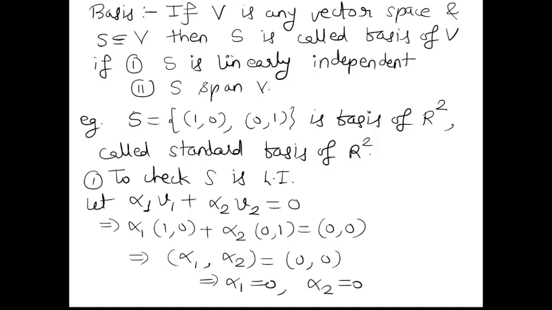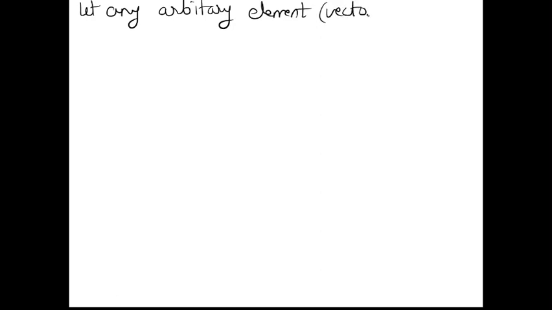S spans V means if you take any arbitrary element of R square, then that can be written as a linear combination of vectors in S. So let us take any arbitrary element, or we generally use the word vector, in R2, say (x,y).